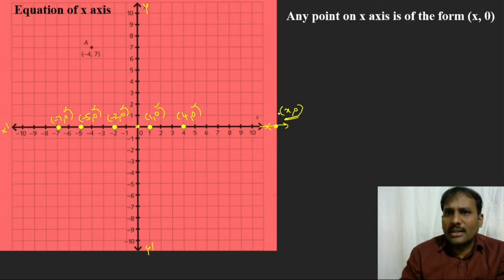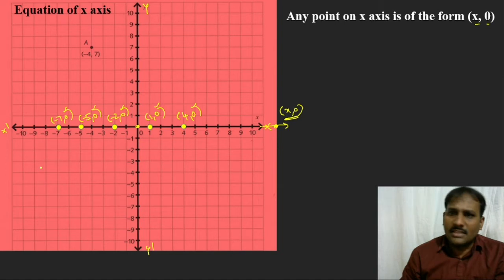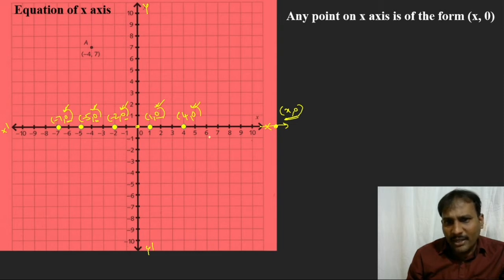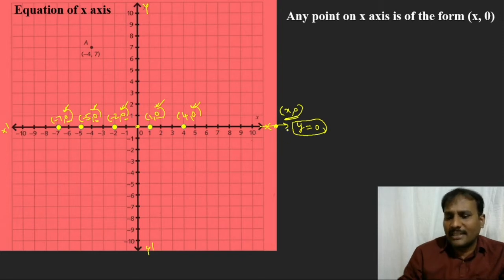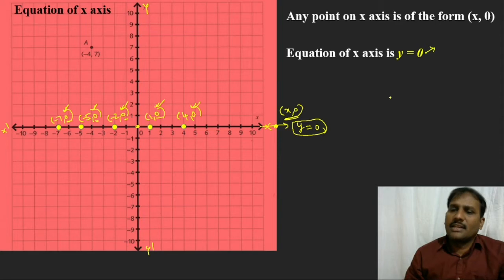Now here the y value is 0. So if you take any point on this, can I say that y is equal to 0? This is nothing but the equation of the x-axis. So the equation of the x-axis is y is equal to 0.